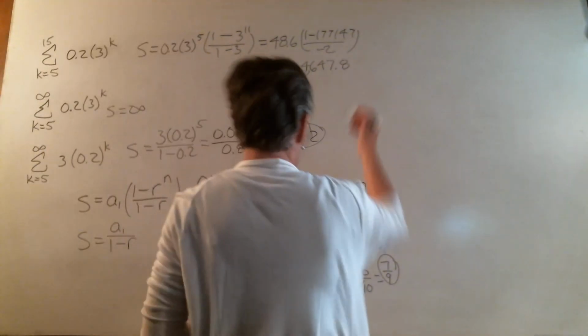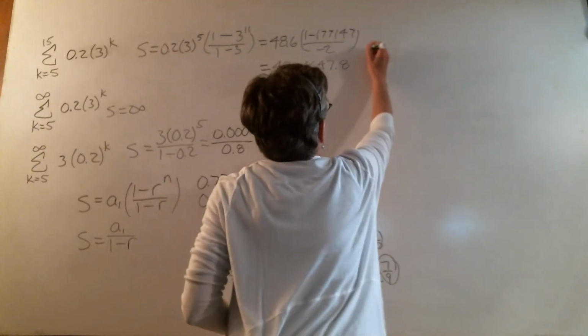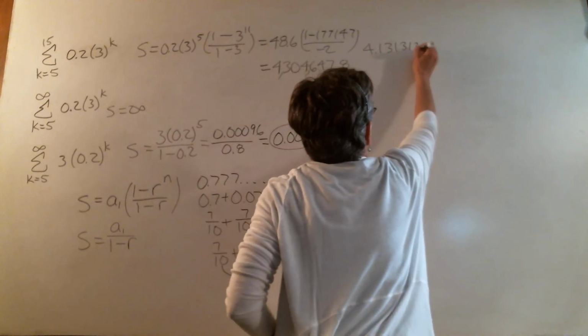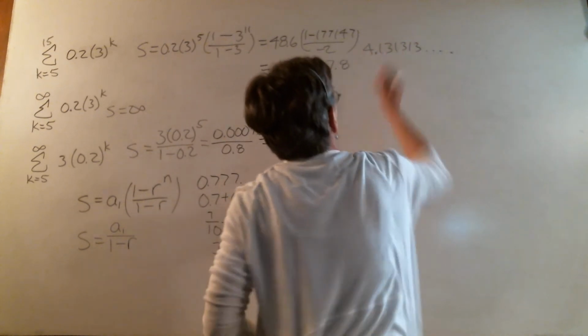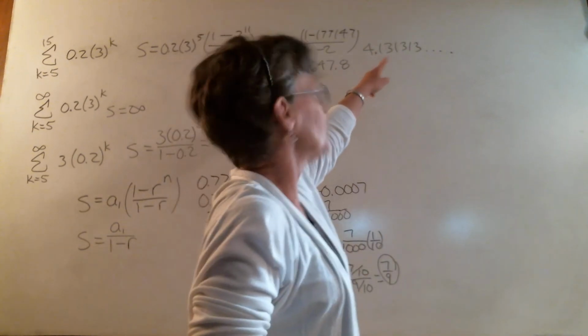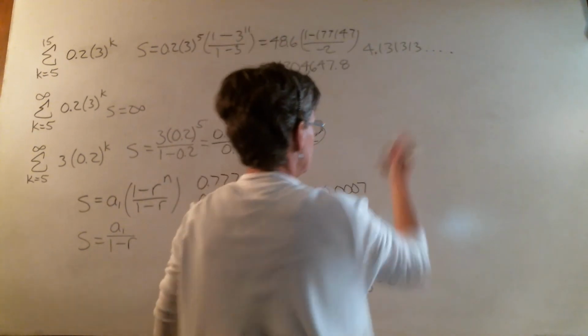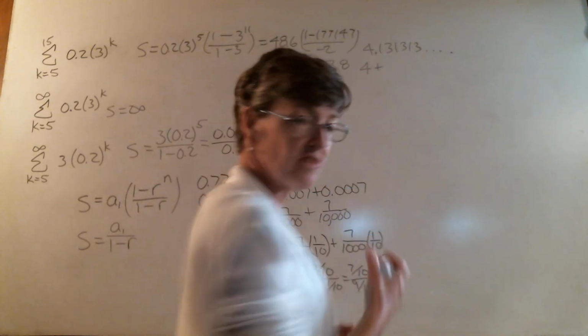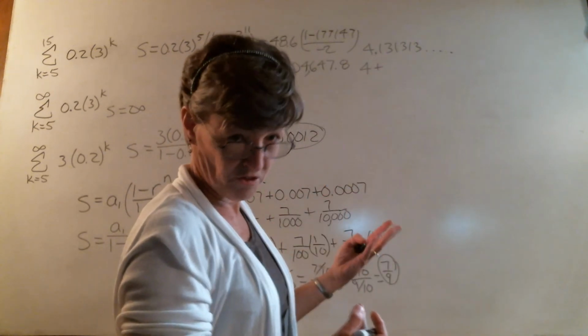Let's do that again. Let's suppose we have the number 4 and then a repeating set of 13s. Okay, 4 and 1, 3, 1, 3, 1, 3, 1, 3. Now the 4 is just kind of sitting there on the outside, so we're not going to do anything with it except we don't want to forget it.